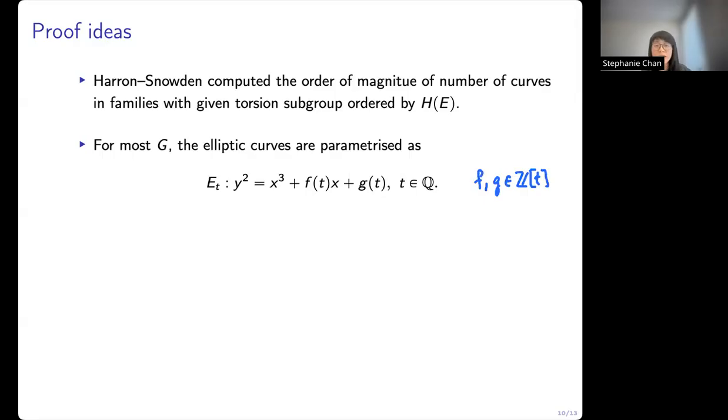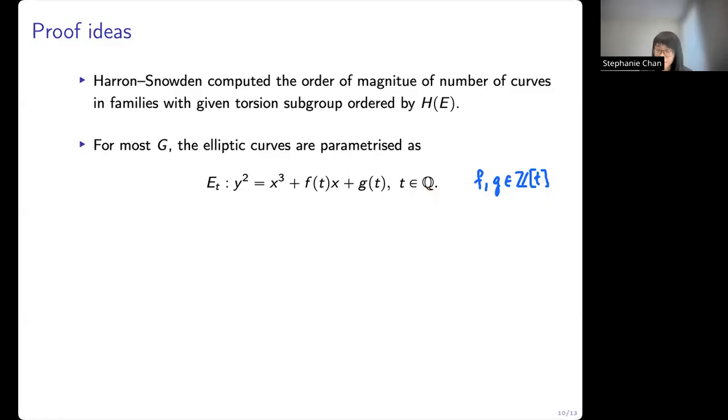So we have a very nice description of these families. Usually they are nicely parameterized families, so we can do counting on them, and it's easier to control when you have a nice parameterization. But the first problem here is that this is over the rationals, because T is a rational parameter.